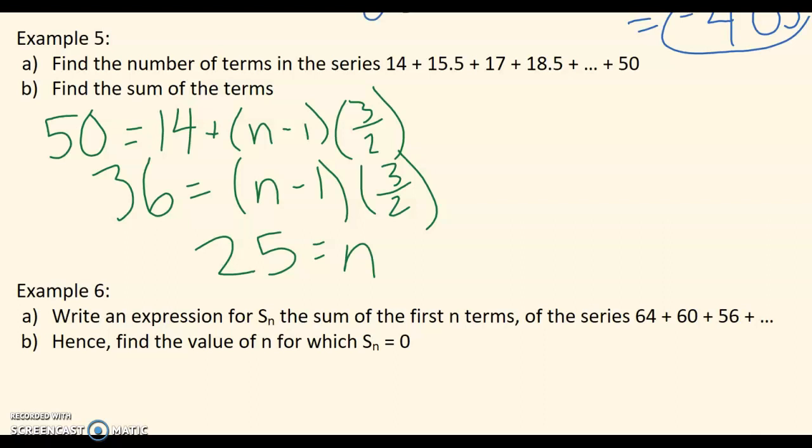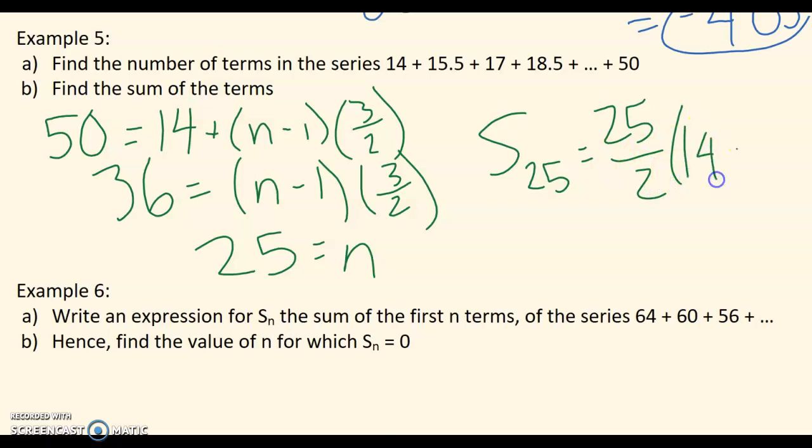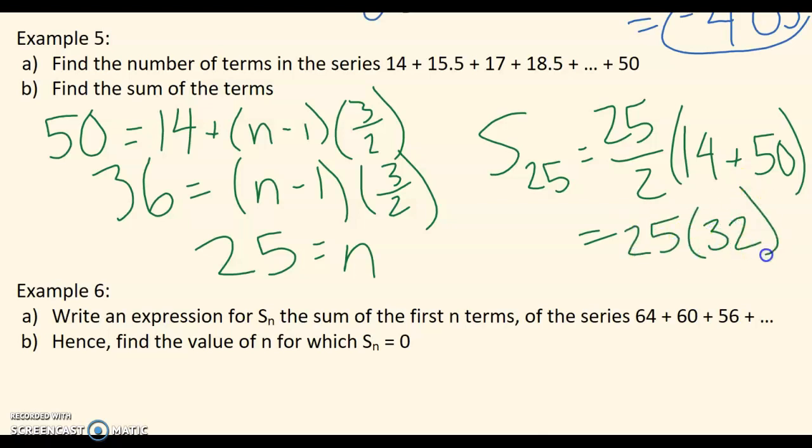Alright, so now the sum of the terms, we just do sum of 25 equals 25 halves times the first term plus the 25th term. So this sum is 64 divided by 2 would be 32, right?